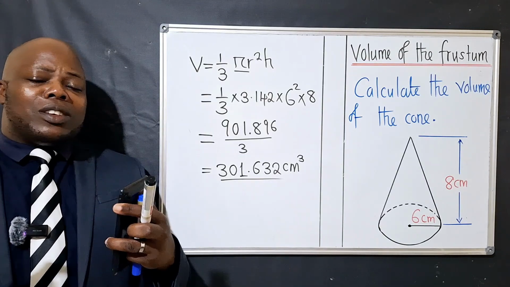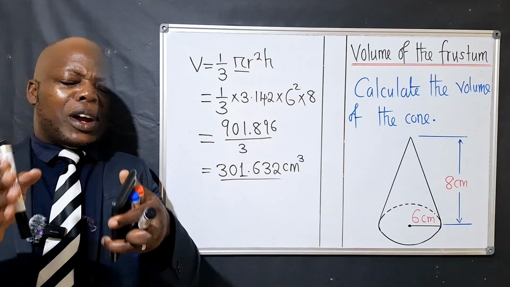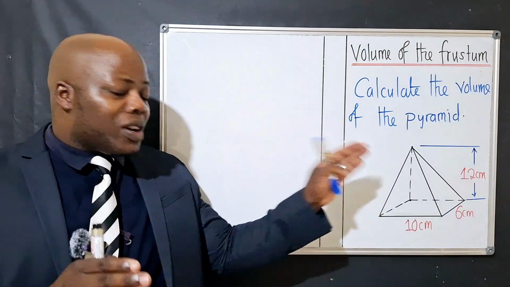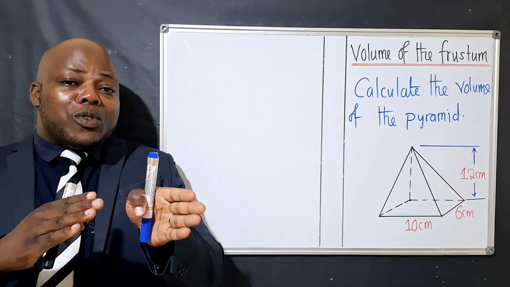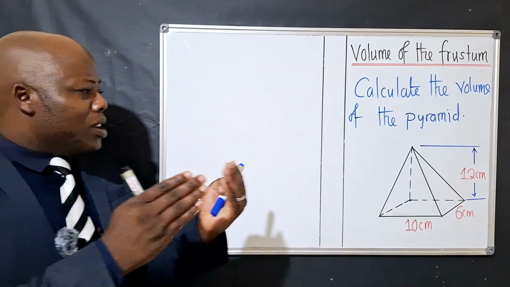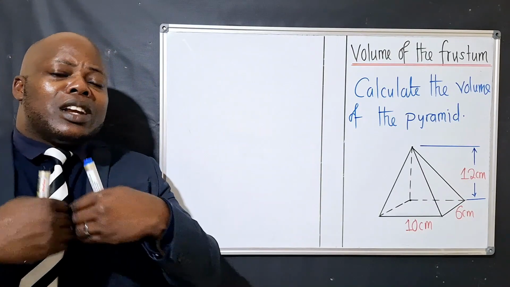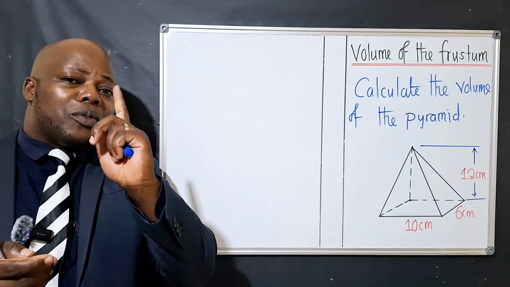So let's check out how to find the volume of a pyramid. You can see right over here, we've got a pyramid. So how do we now find the volume of the pyramid? Now come with me. Let's talk about the formula for finding the volume of a pyramid. We've done a cone. Don't forget, we've done a cone.